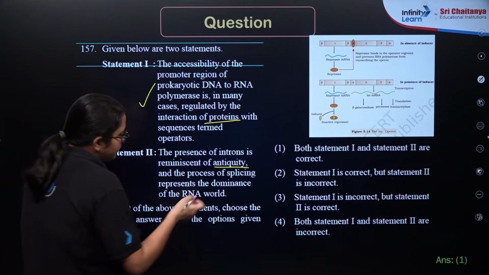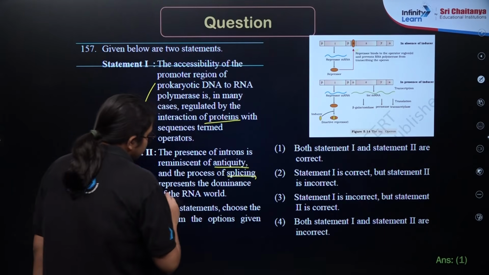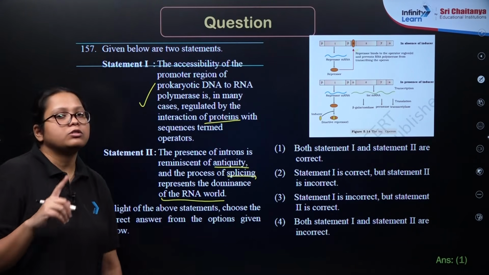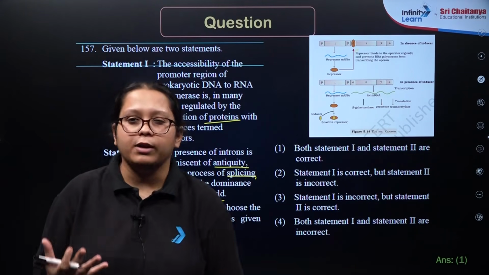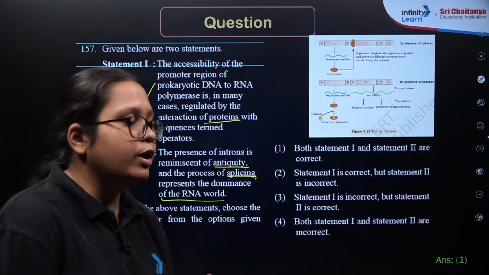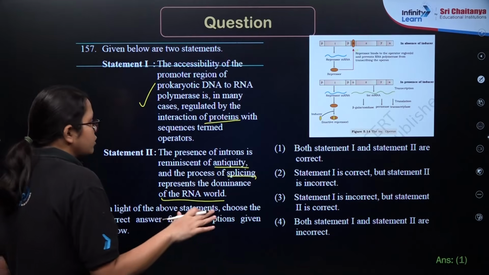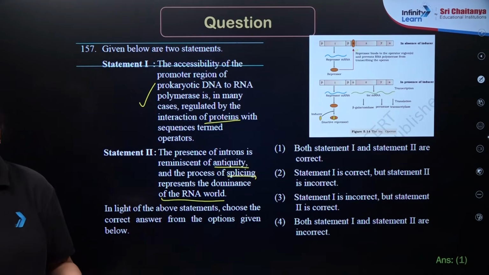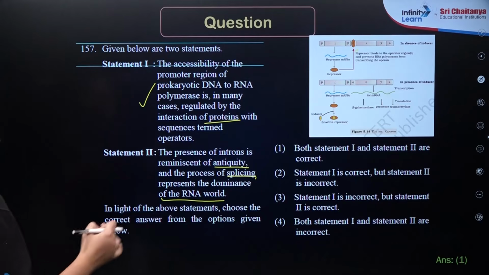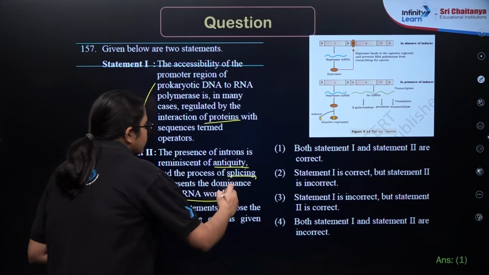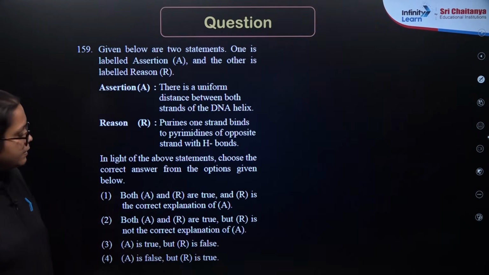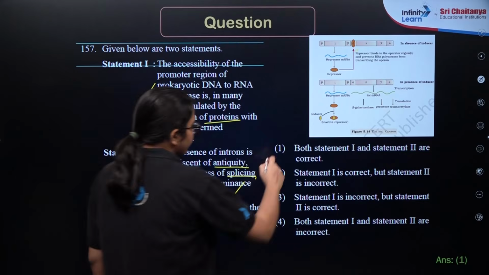And the process of splicing represents dominance of the RNA world. Splicing is mostly done by RNA and protein complexes working together, meaning removal of introns and joining of exons. That represents the dominance of the RNA world. So both statements are correct. Okay, 1 is your answer.